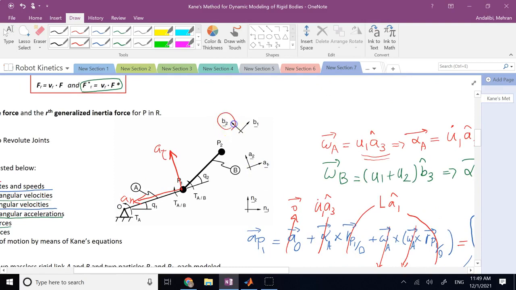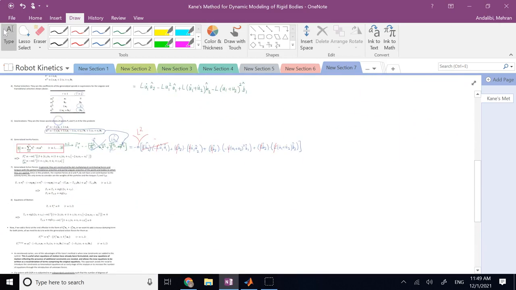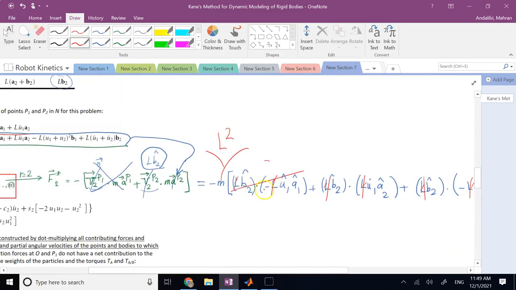This is B2, this is A1. Clearly you see the angle between them is 90 degrees plus Q2, because if you draw A1 here, this angle here is Q2. So the angle between B2 and A1 is 90 plus Q2. So when you do dot product of two unit vectors, it is magnitude of the first one times magnitude of the second one, which is 1 and 1. So it's going to be cosine of 90 degrees plus Q2.